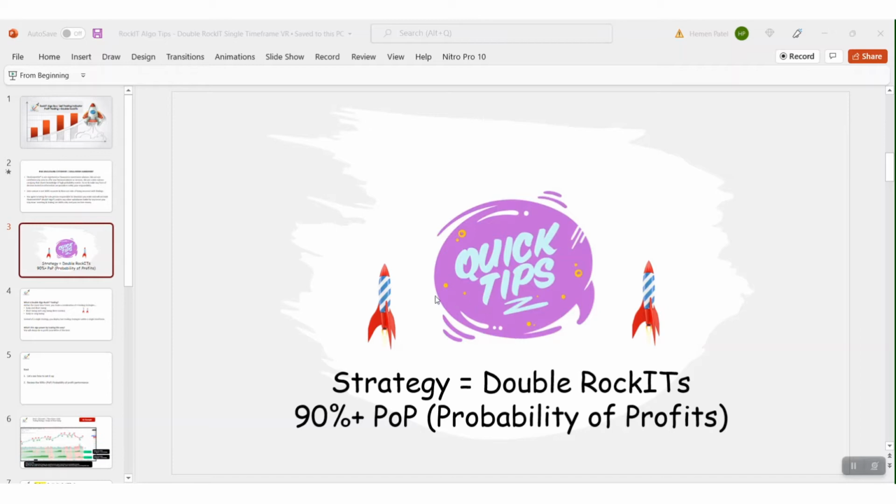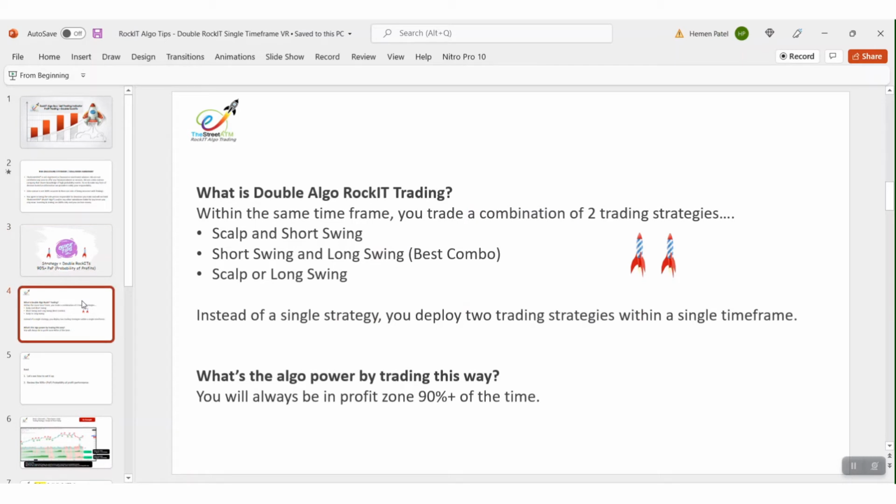So, today's session will cover exactly what double algo rocket trading is, why it is powerful, how to set it up, how to trade, etc. Today you may be trading with a single indicator, single strategy, either scalp, short, or long swing. What double algo rocket trading is, you trade two strategies at the same time within a single time frame.